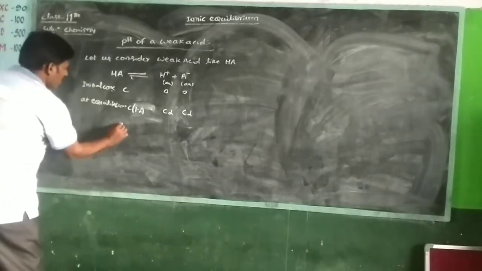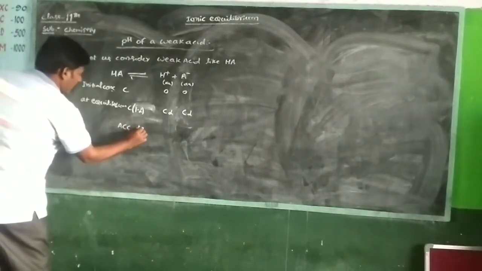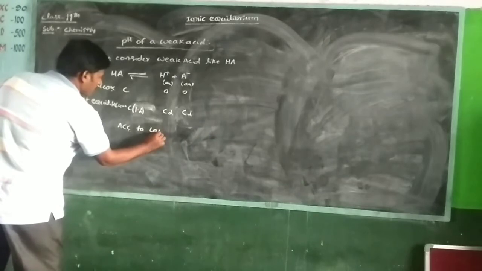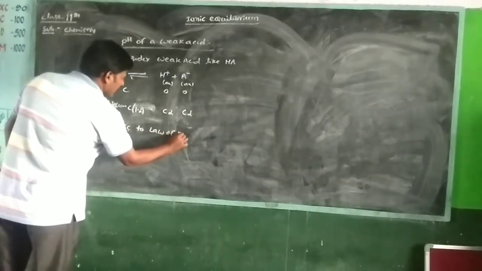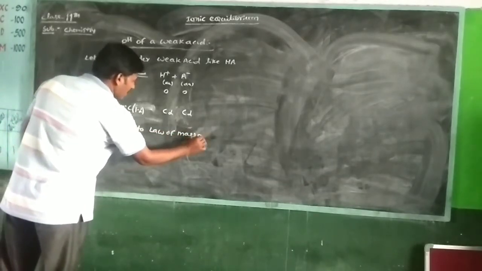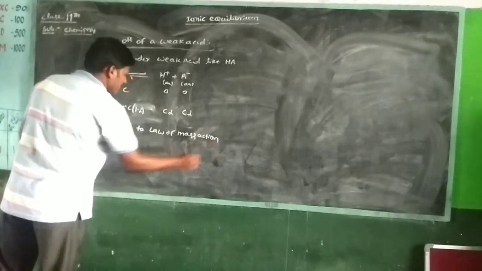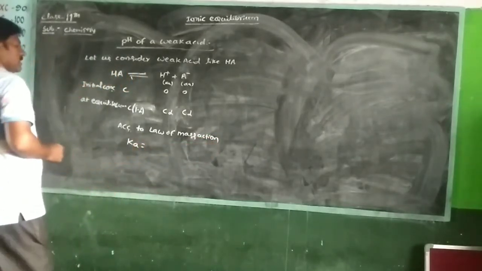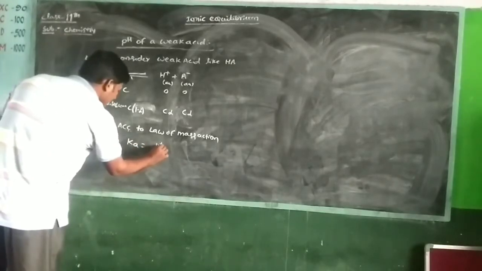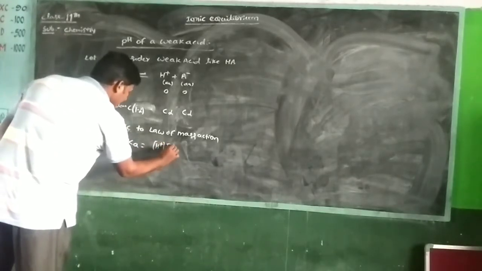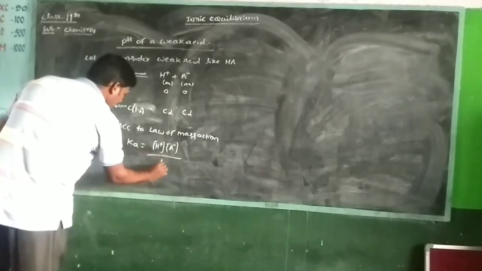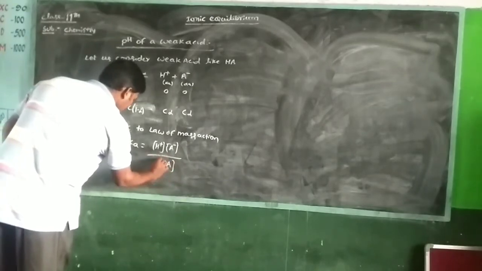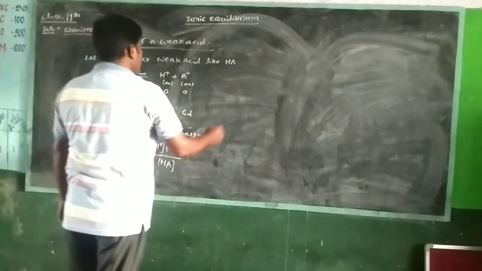According to the law of mass action, Ka, the weak acid dissociation constant, is equal to H plus concentration times A minus concentration upon HA concentration.